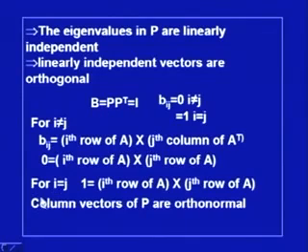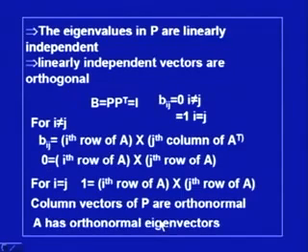So for i equal to j, this product is equal to 1, and that means the column vectors of P are orthonormal, because their product is 1 when i is equal to j and 0 when they are different. So we can say that A has orthonormal eigenvectors. So this was to be proved.